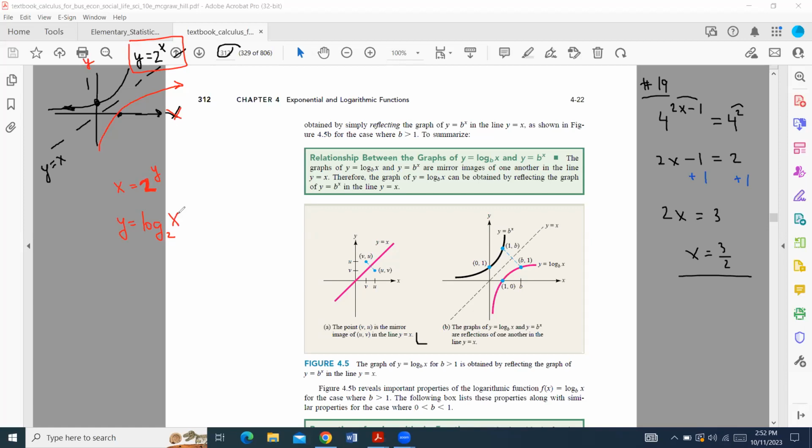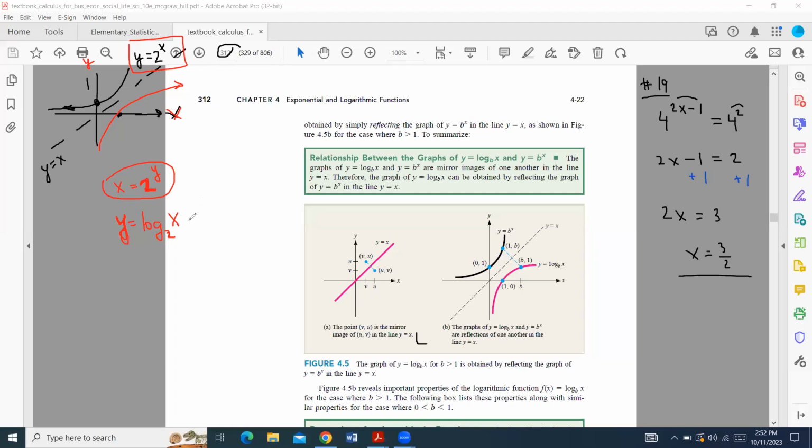So it's another way to write the power relationship. It's just to say what power, y is a power, I have to raise base 2 to produce x. And you get this by switching basically x and y. And that's actually what inverse functions are doing with each other.